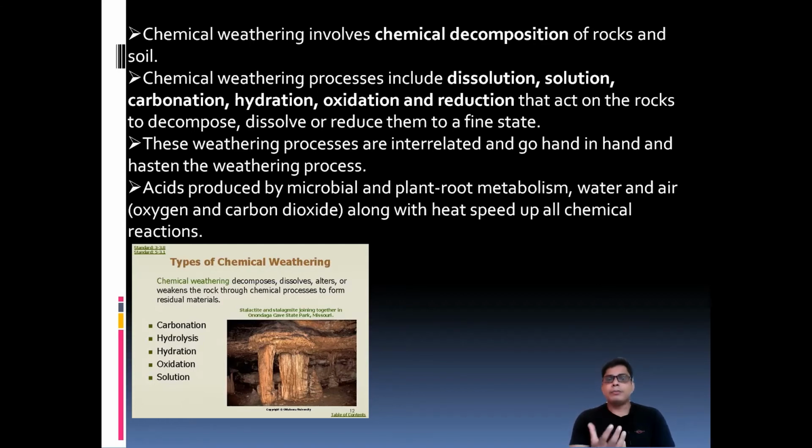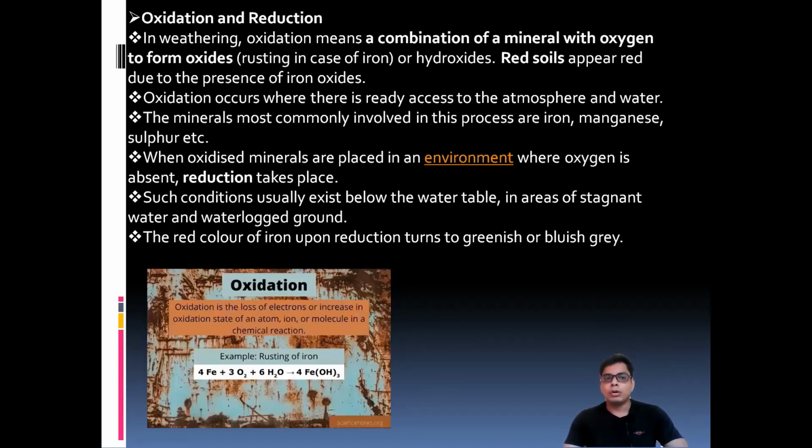Activity produced by microbes or root metabolism is known as biochemical or biological weathering. Perhaps you can see behind me the types of chemical weathering: carbonation, hydration, oxidation and solution. We have to discuss these one by one.